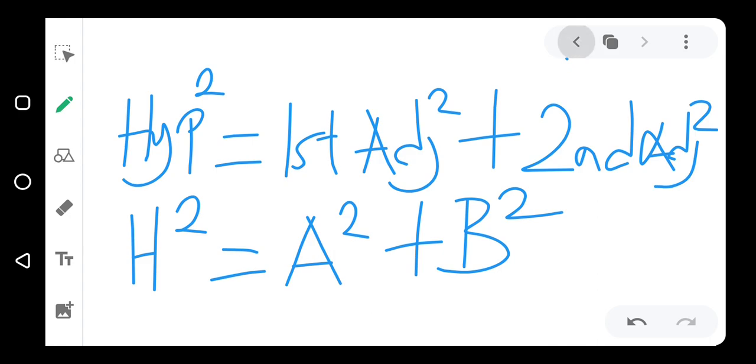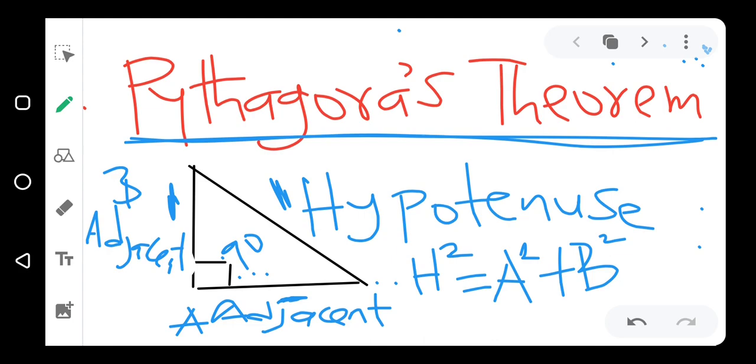So that is the relationship between the sides of a right-angled triangle, that the hypotenuse squared is equal to the first adjacent squared plus the second adjacent squared.